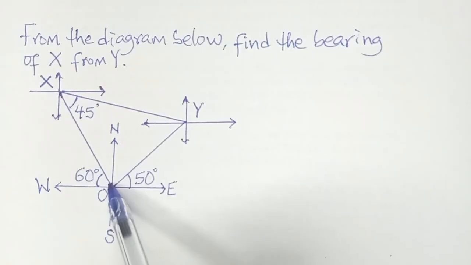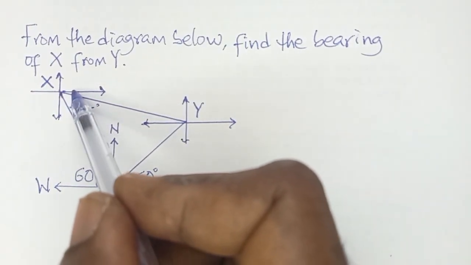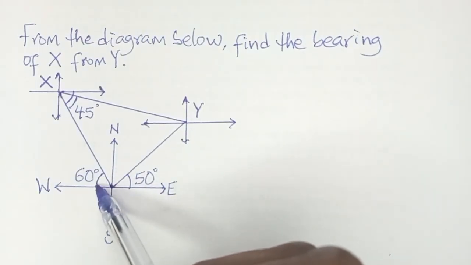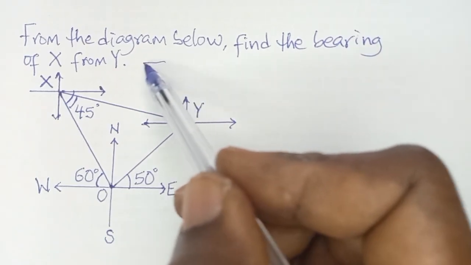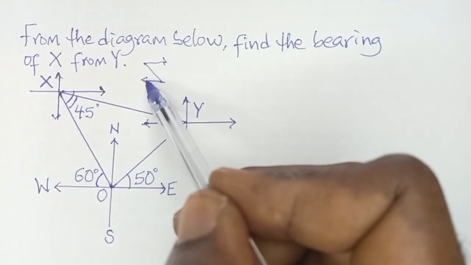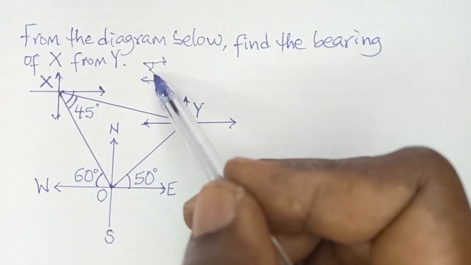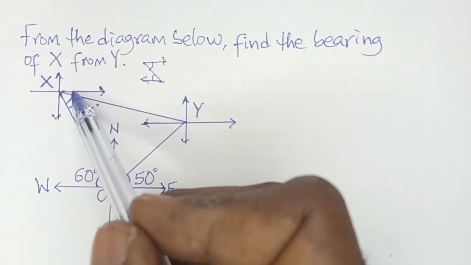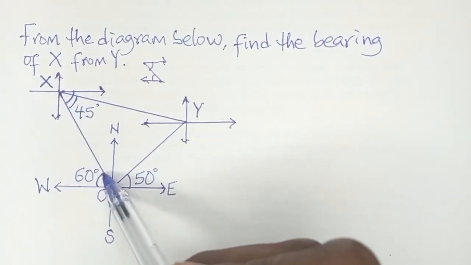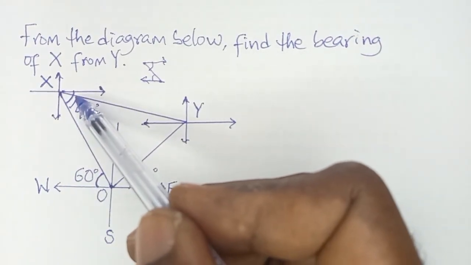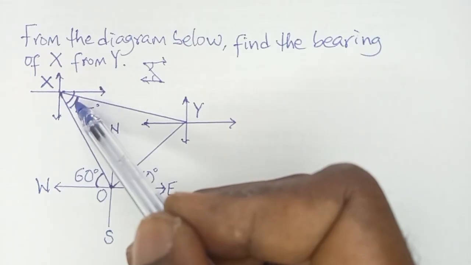So that would tell us that this angle here is alternate to this 60 degree angle. Don't forget, alternate angles are Z angles. When you have parallel lines like this, this angle here is alternate to this angle here. Since this angle is 45, that is a portion of the total angle.